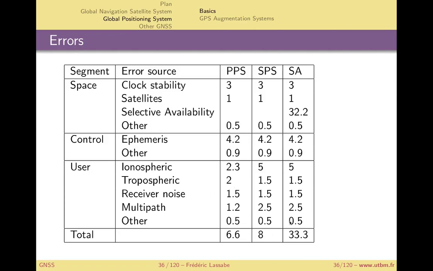Other errors are similar, which gives a precise positioning system global error of 6.6 meters, 8 meters for the standard positioning system, so the one we use nowadays, and 33.3 meters for the selective availability, which is quite huge when you try to navigate through roads and so on, or you are on foot.